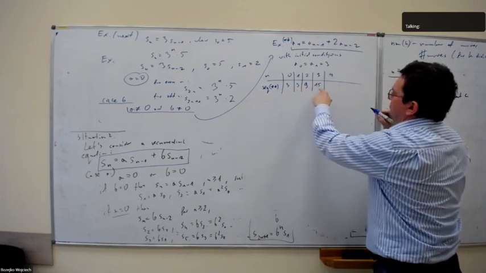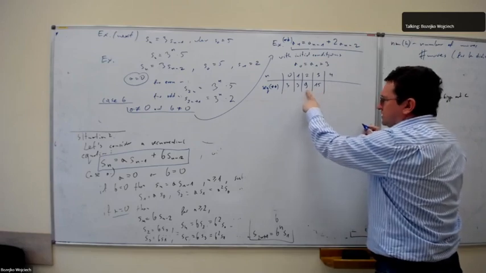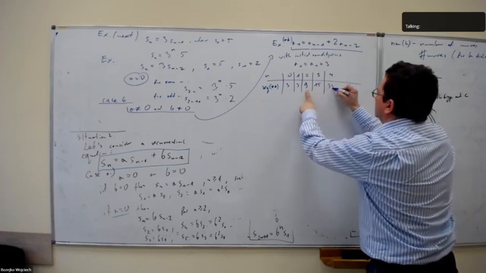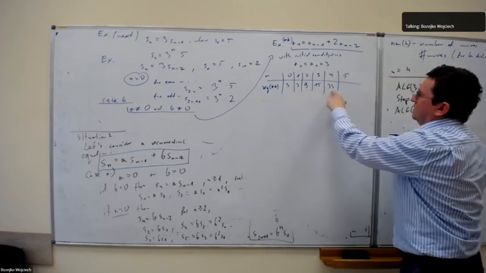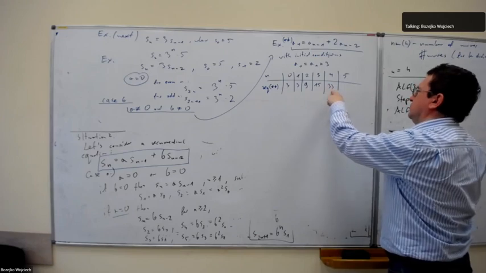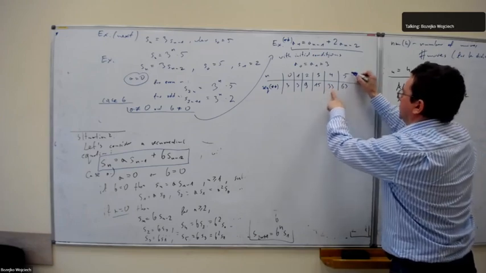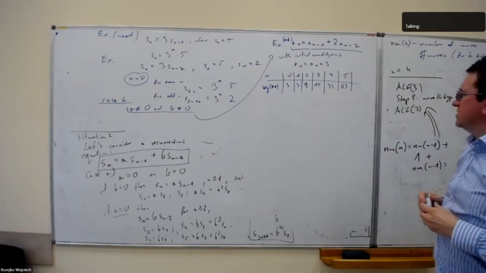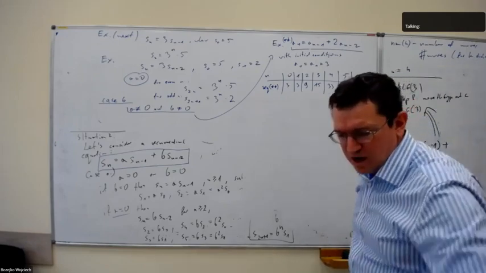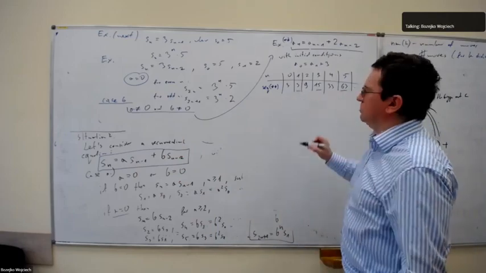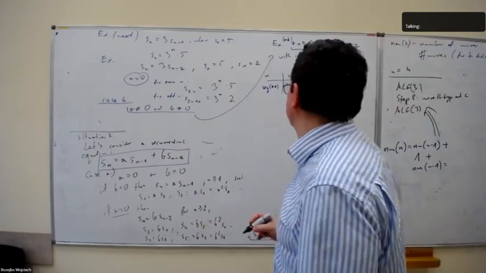For 4, 15 plus 2 times 9, so 18 plus 15, which is 33. For 5, this one plus 2 times this one, 33 plus 30, this is 63. And so on. It looks familiar somehow: we see that here, here, and here we have almost 2 to the power of n.